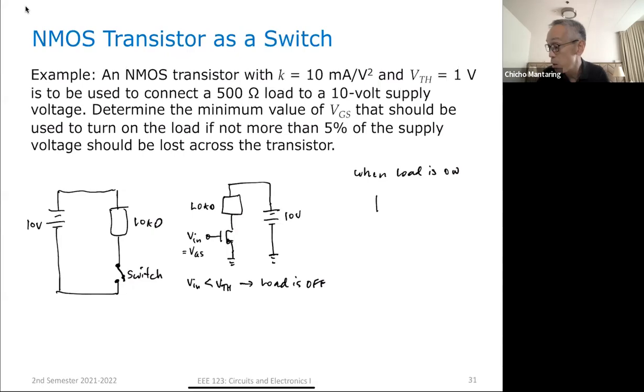We have our load, and we said that this was 500 ohms. We have RDS on. So we're now using the alternative. This is the alternative for determining the current using the RDS on approximation. Using the RDS on approximation, and then this is now your 10 volts.